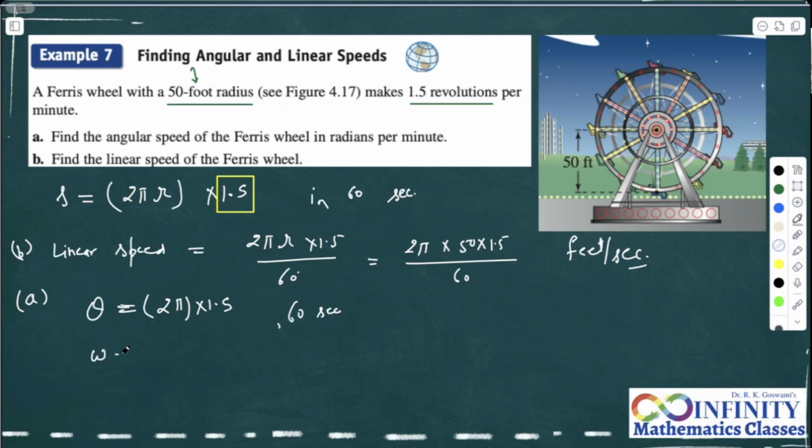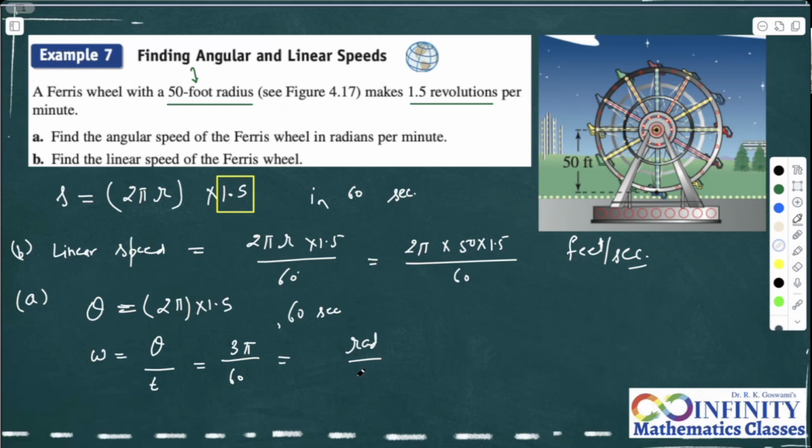So omega represents angular speed. It is the central angle divided by the time. The central angle is going to be 3 pi basically, divided by the time, 60 seconds. They have asked for the answer in radian per minute. I had given the answer in feet per minute, I'm not interested in that.